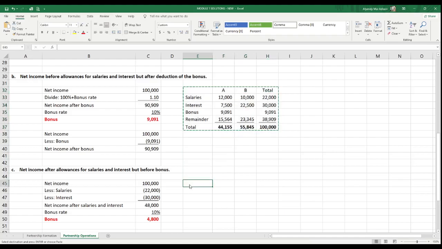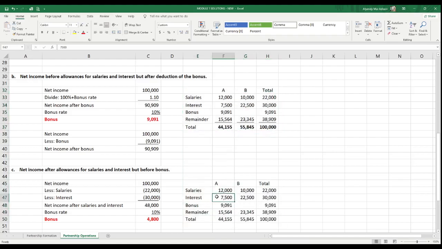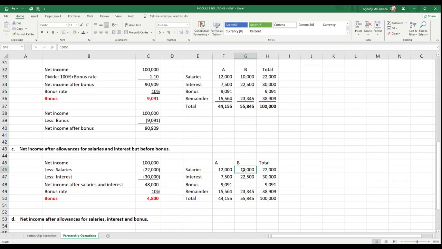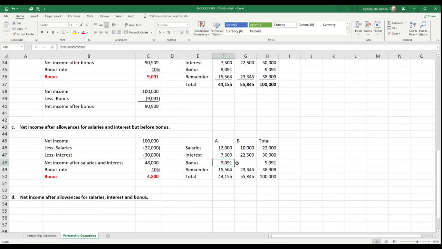Now, to compute for their profit, for the salaries, 12 and 10, that's 22. For the interest, 7.5 and 22.5, that's 30. And for the bonus, this is now different for this item. The bonus is now 4,800 with a total of 4,800. And for the remainder, of course, that is now different.